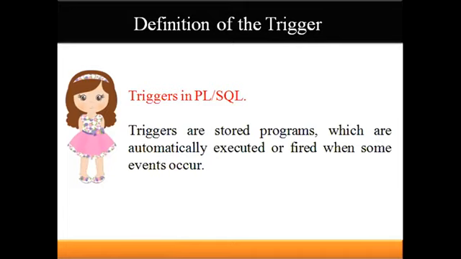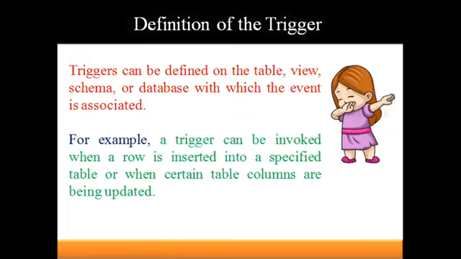A trigger itself executes a program. So triggers are stored programs which are automatically executed or fired when some event occurs. Triggers can be defined on the table, view, schema, or database with which the event is associated.